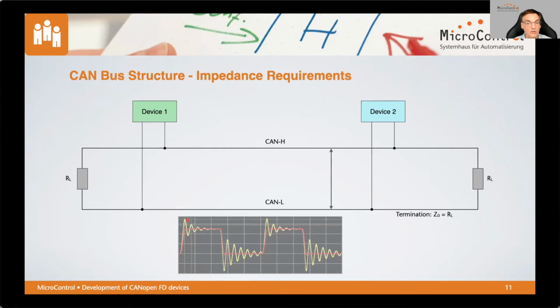That means you have to consider that this reflection is there, and especially for higher bit rates, this ringing means you're getting wrong bits at positions where you don't expect them, because the transceiver says, okay, this is a dominant bit or this is a recessive bit, at a point where they are not. So this is a thing you have to consider when you're switching over to higher bit rates.